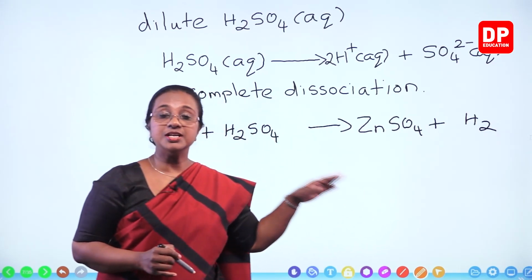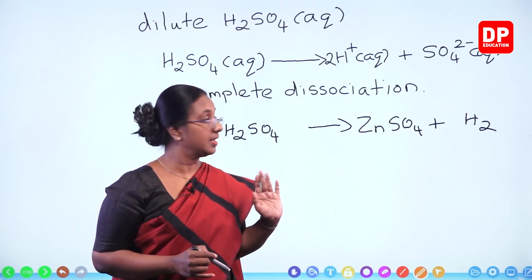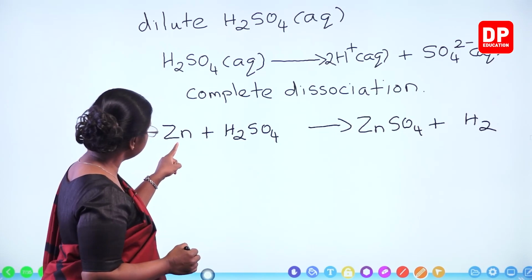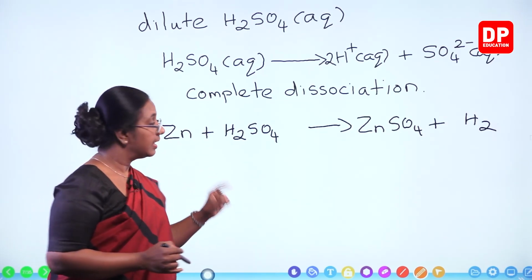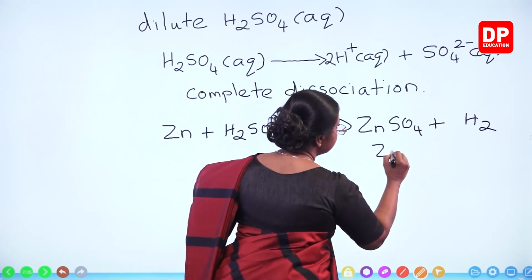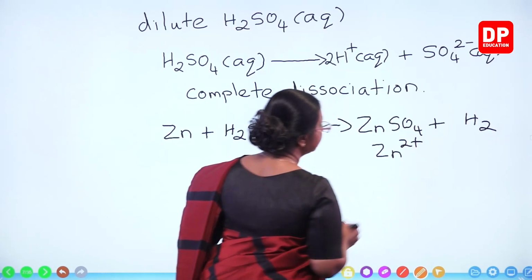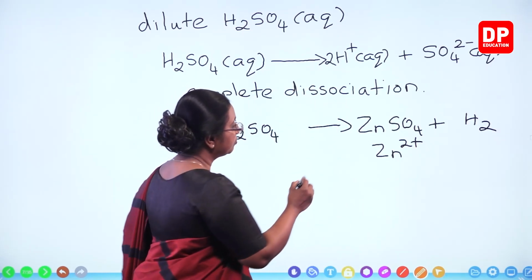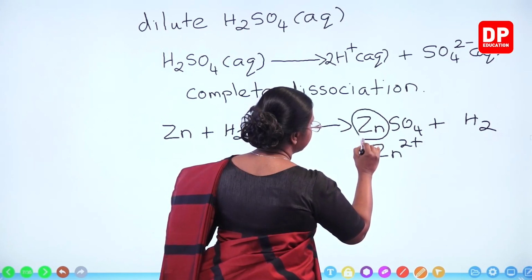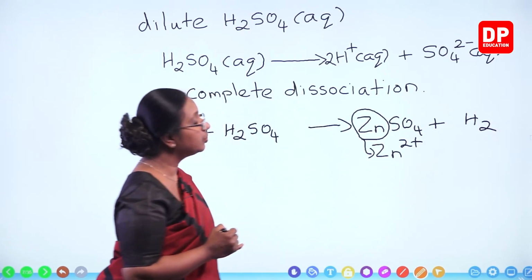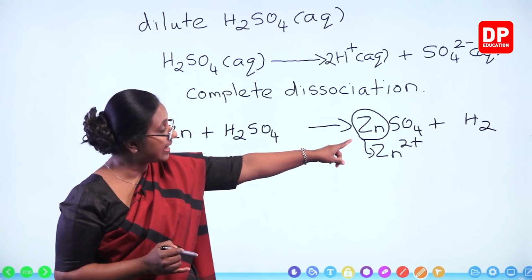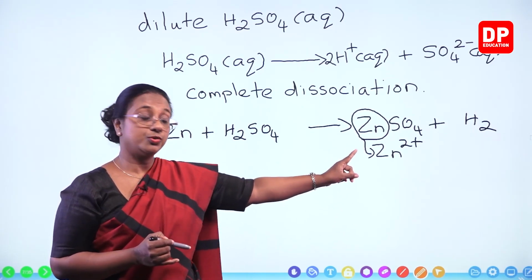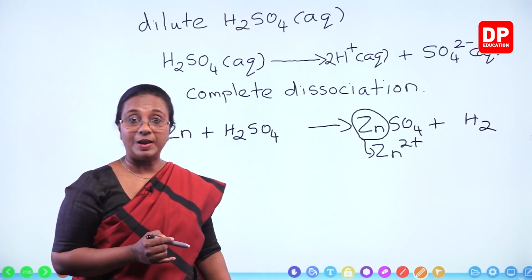This is the reaction that you are familiar with. Now, in this, here zinc is in the metal state. But here, zinc is in the Zn2+ state. That is what you need to understand. That is why it is ZnSO4, no? SO4 2-, so zinc is 2+.